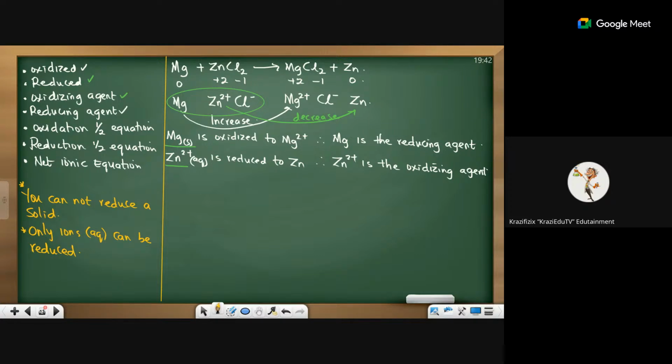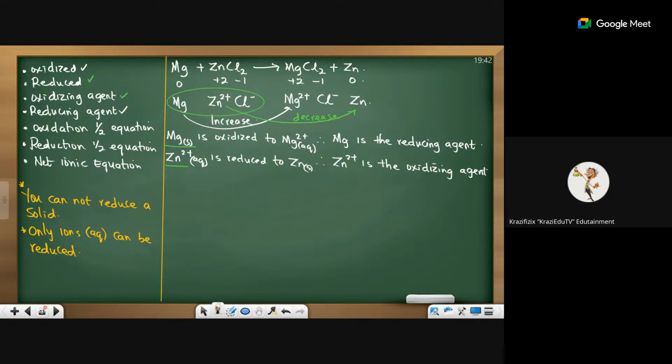Only ions, aqueous, can be reduced. When we talk about reduction, we're going to talk about ions being reduced. Awesome. Now, we want to round this whole lesson up with the next 3 things. Please, I want to do this without the table. Next week, I'll look at the table with you. All right. I want you to enjoy chemistry first.